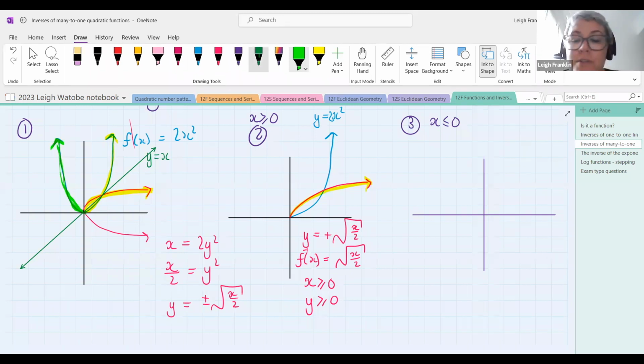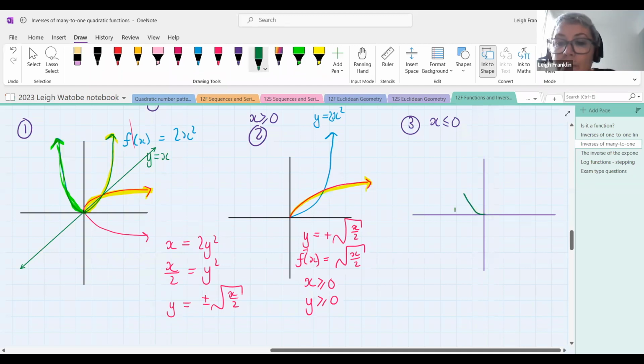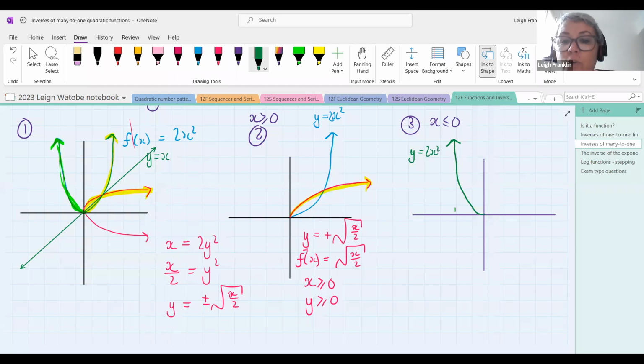In other words, this arm is going to look like that, because its right arm has been chopped off. Just the left arm is now there. Again, I would say this is a graph of f of x, or y equals 2x squared, where x is smaller than or equal to 0.